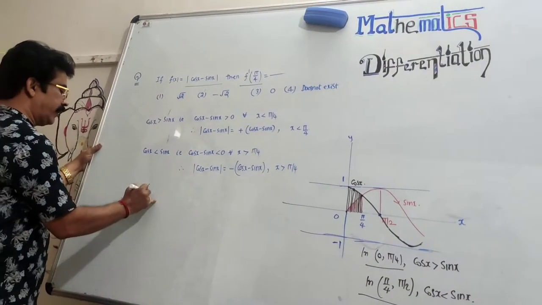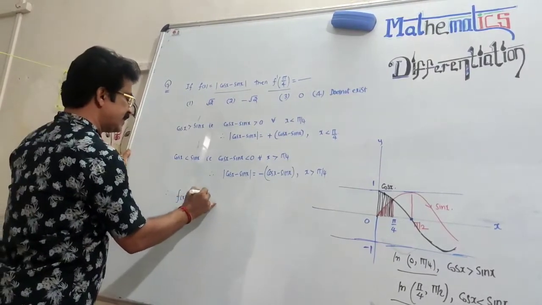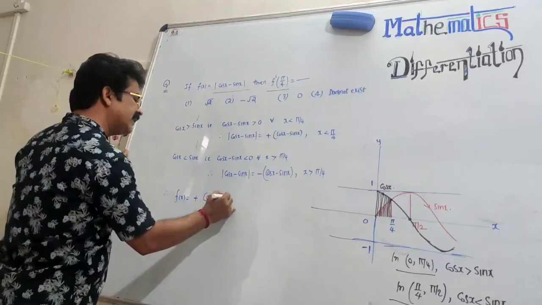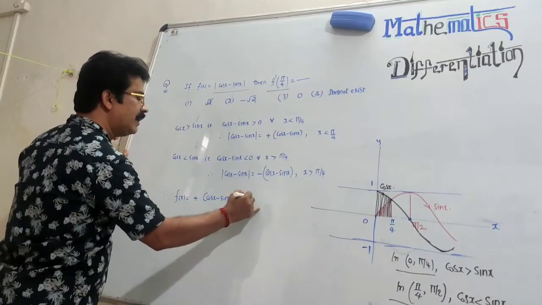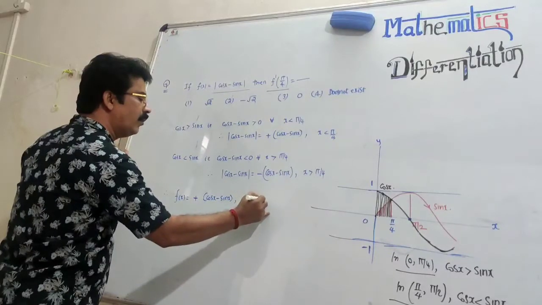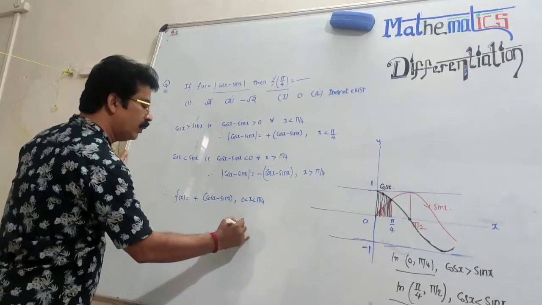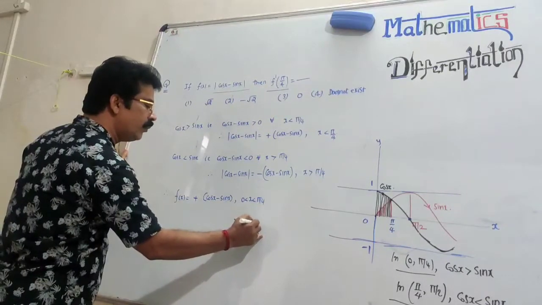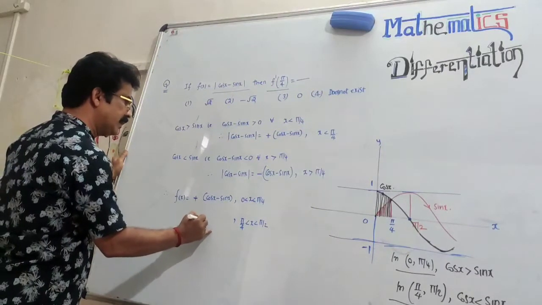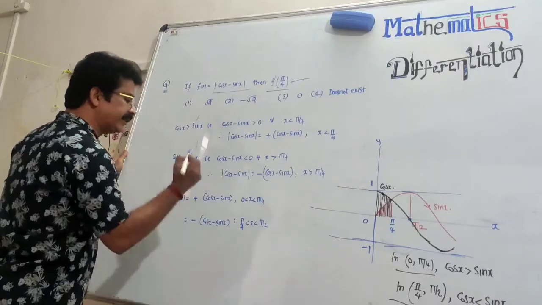So therefore, f of x is equal to cos x minus sin x, for x from 0 to pi by 4. Next, another case, pi by 4 to pi by 2, it is minus cos x minus sin x.